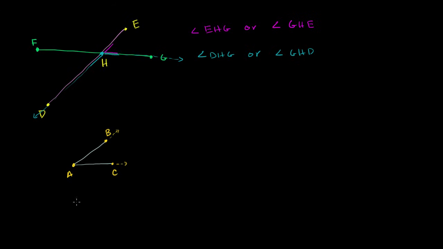So right over here, I have angle BAC. And let's say over here, I have another one, and let's say this is angle XYZ. And once again, I could draw them as rays if I like to go on and on and on. So it's angle X, Y, and Z.